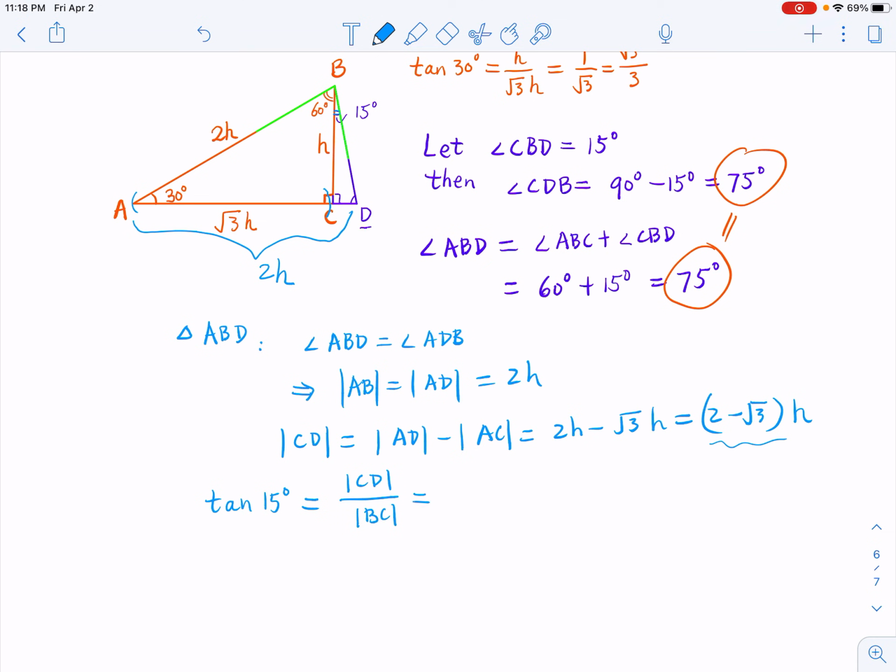In this case, CD is 2 minus square root of 3 times H, and BC is H, so tangent of 15 degrees equals 2 minus square root of 3, which is the final answer. Alright, so that's what we learned today.